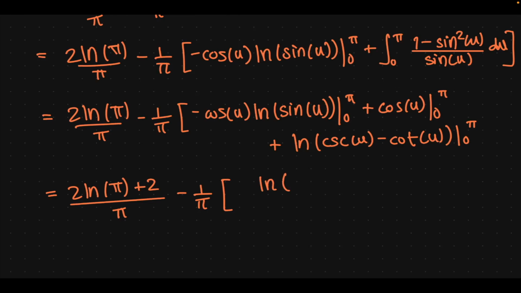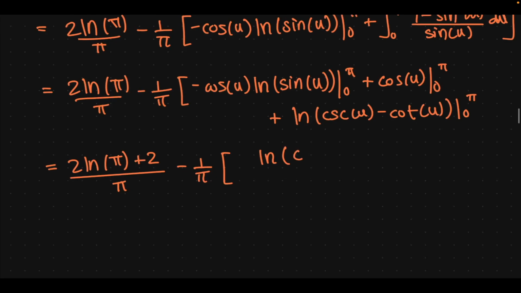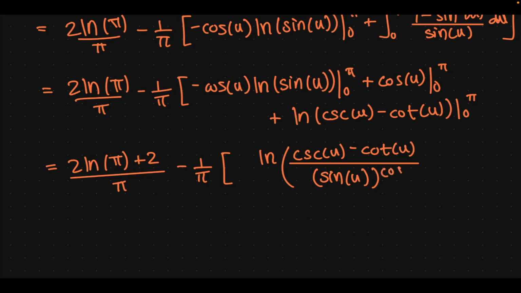minus 1 over pi. We can rewrite all of this. Natural log of cosecant u, I can combine the natural logs, minus cotangent u divided by sine of u to the cosine of u.